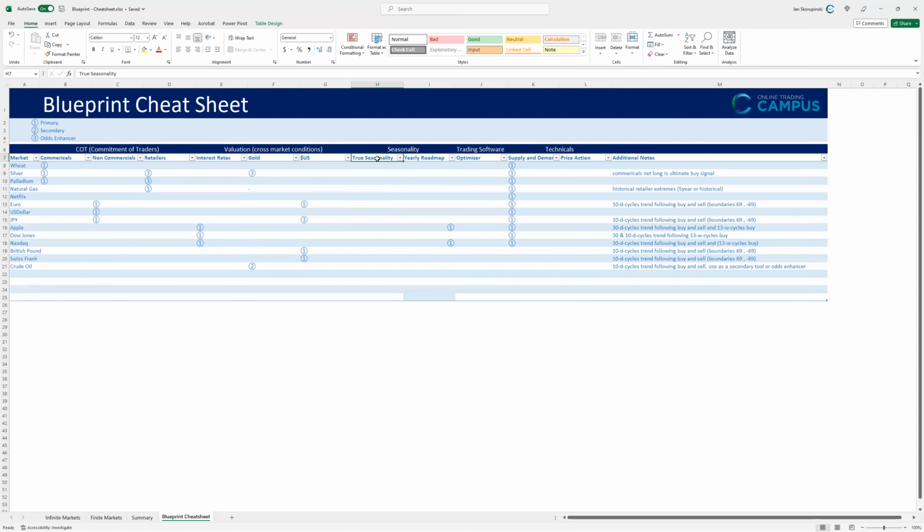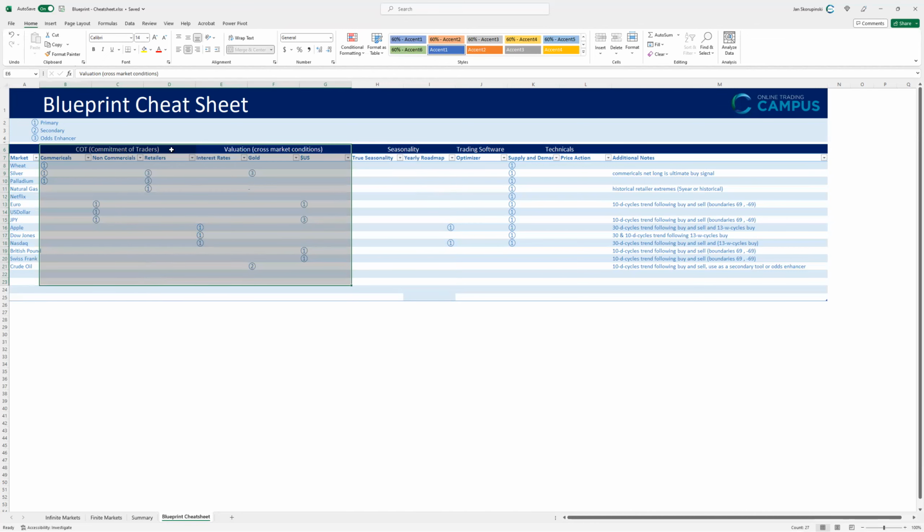If we apply a backtest on true seasonality, we actually have a true backtest. I'll explain that next time. It's very vague at the moment, but I'll explain what I mean by that exactly, and then how we're going to use that in line with our tools.